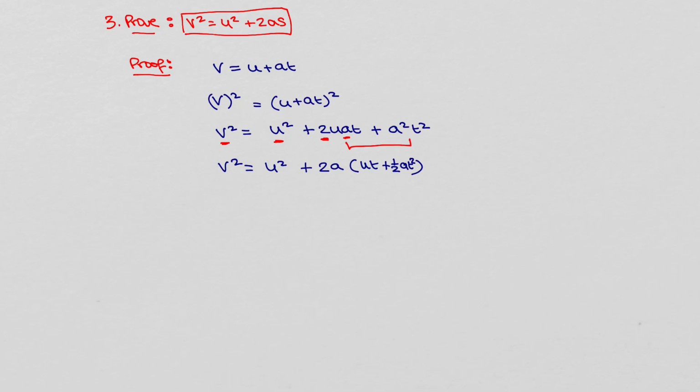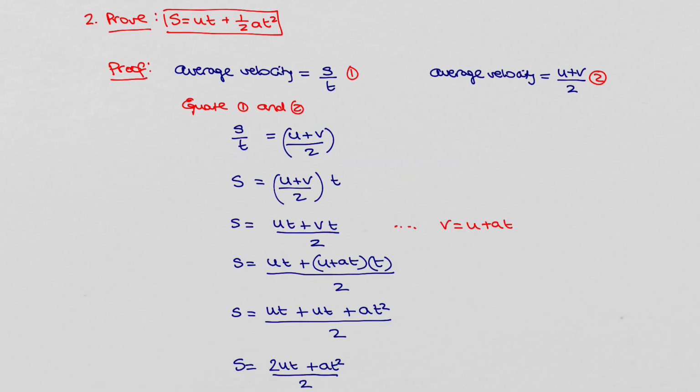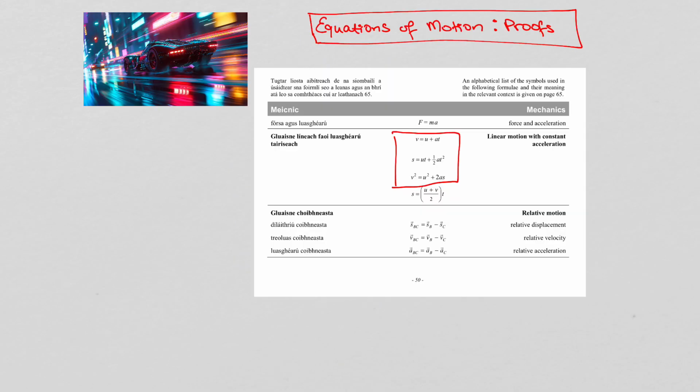So if I check, 2a by ut is 2uat, and 2a by a half at squared gives me a squared t squared. But if we notice, what's inside here is ut plus a half at squared. And if we go back to our maths tables, that's the second equation there, s equals ut plus a half at squared.